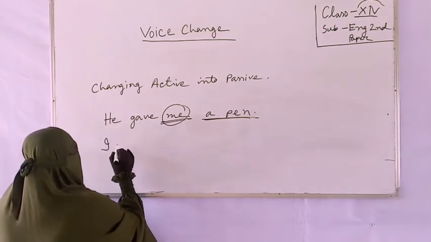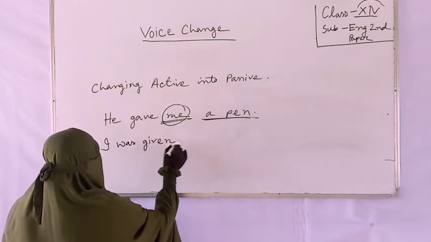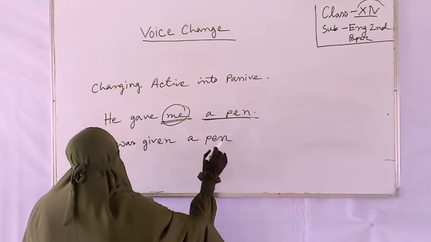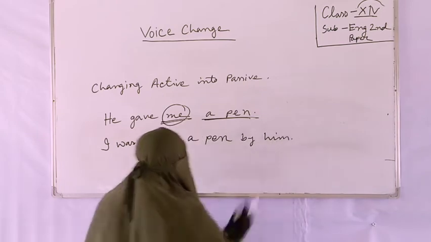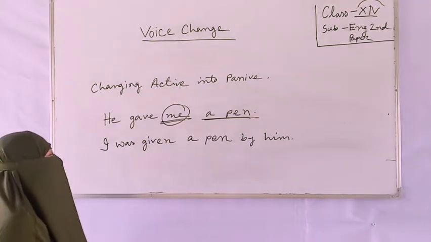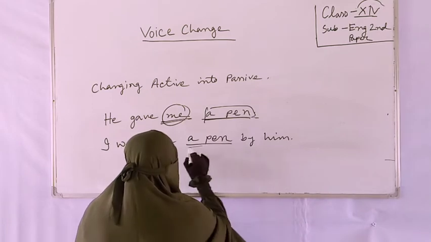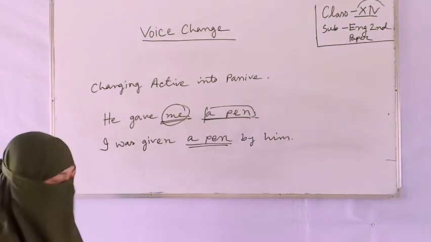I was given a pen by him. I mentioned that the other object will be retained, and this object, a pen, is the retained object.